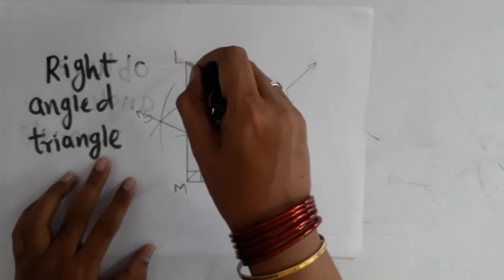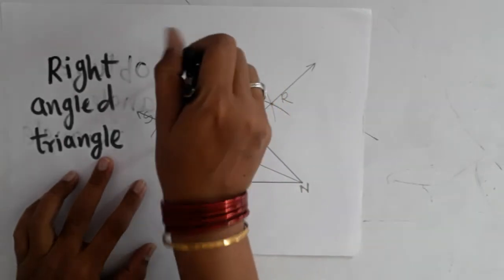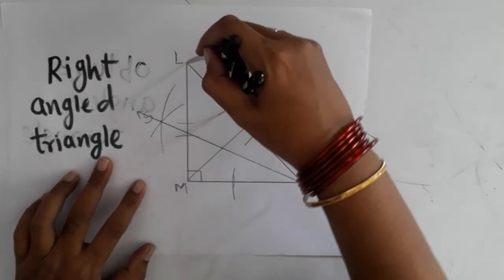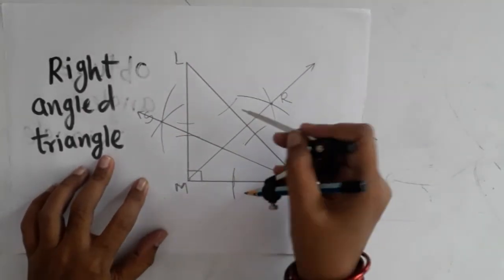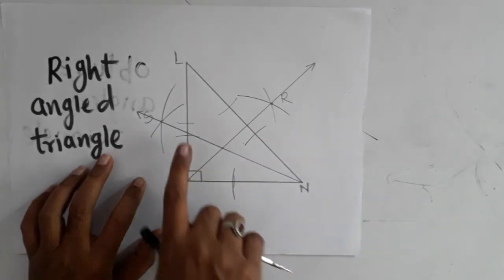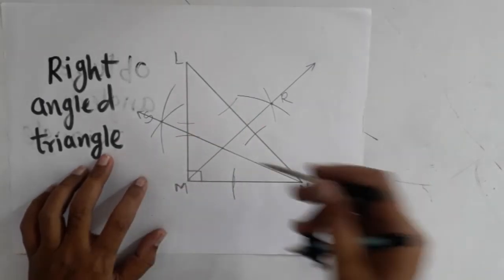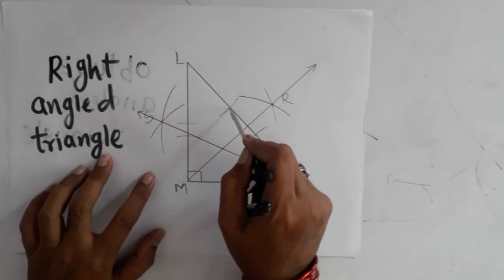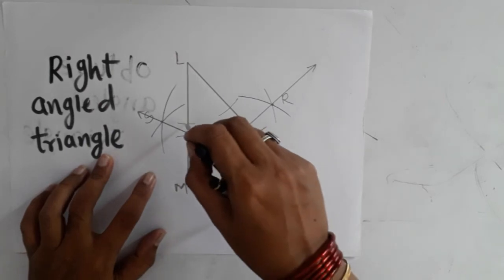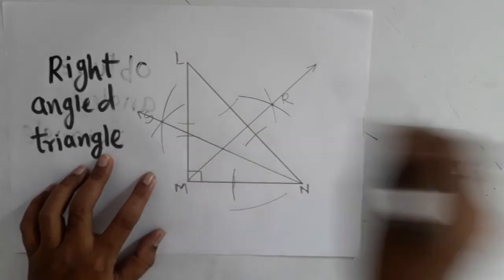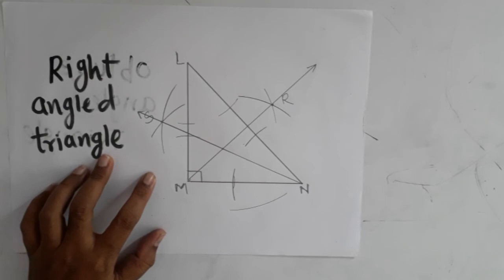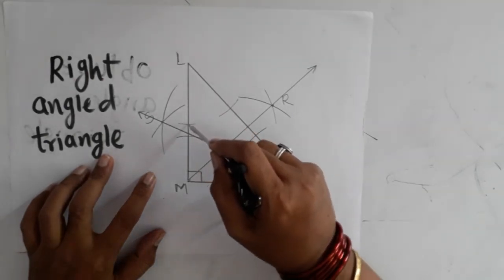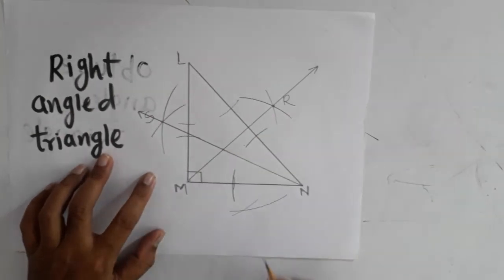Then draw an angle bisector of this third angle, and for that draw arcs from this point and this point. See, we get a point.